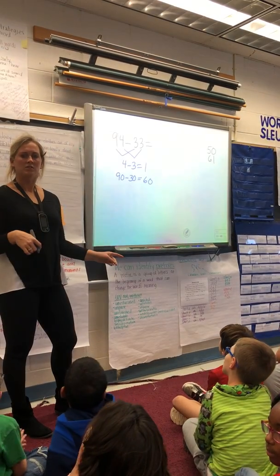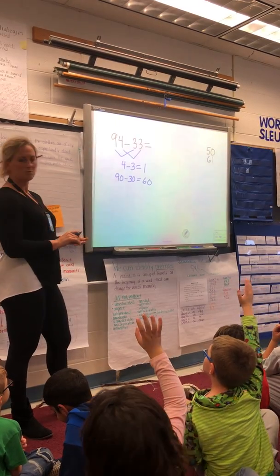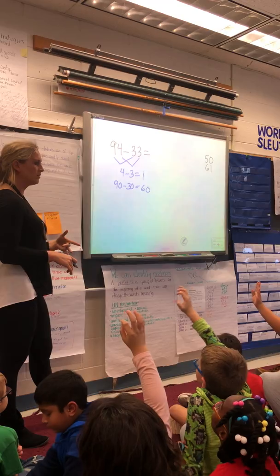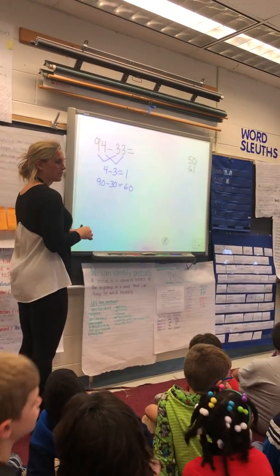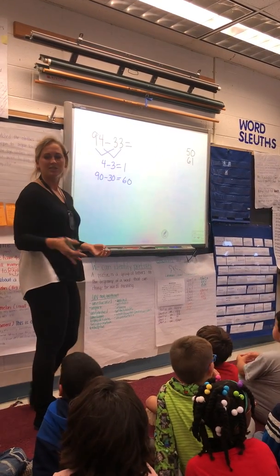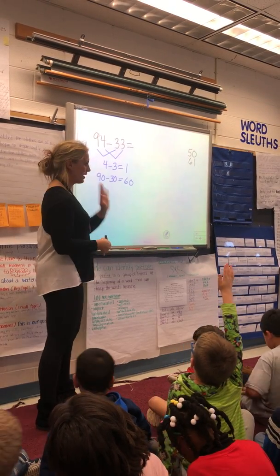Right, so why do we have those zeros there is my question. Somebody want to help Colton out? Why is it 90 and not 9? Eden? It's 90 and not 9 because it's in the tens place. Yeah, because it's 9 tens, right? Good.